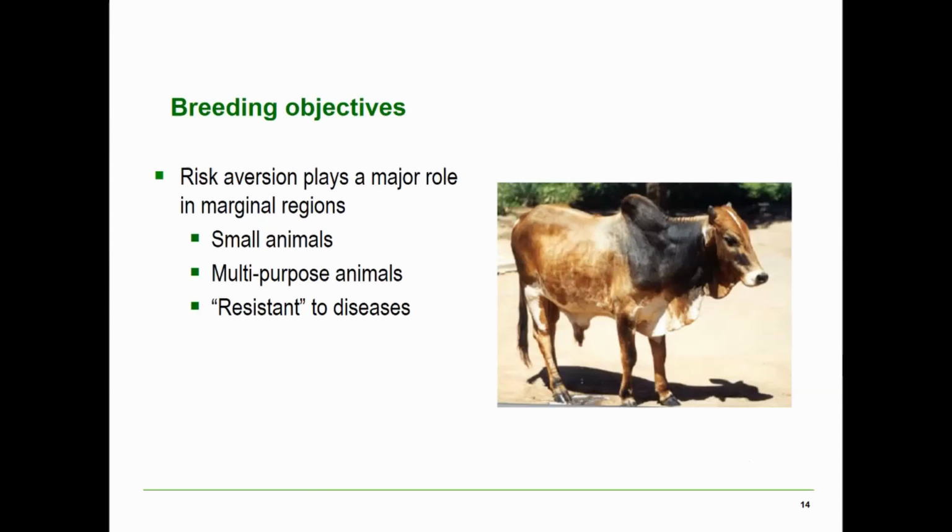One of the aspects mentioned was the risk aversion that comes up repeatedly, especially in breeding programs in low-income countries, where we have small animals, multi-purpose animals, and we want them to be resistant to diseases that are appearing in those countries.